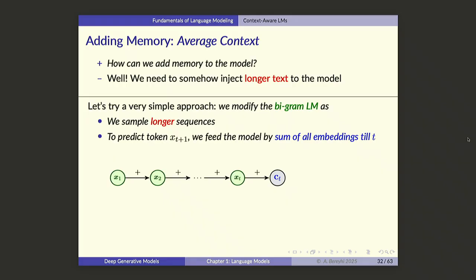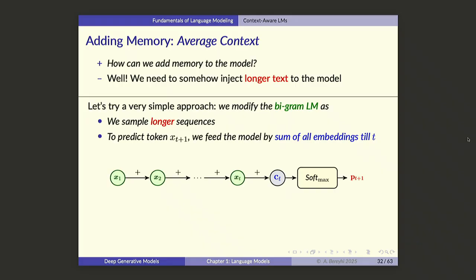You are going to say x1 plus x2 plus so on. You add up all of them till you get here, and then you give it to your context. So this CT that I'm showing here is now my context of the whole sentence. It's simply the addition of all the embeddings inside my input text, and then I give this to my softmax unit to predict the next token.